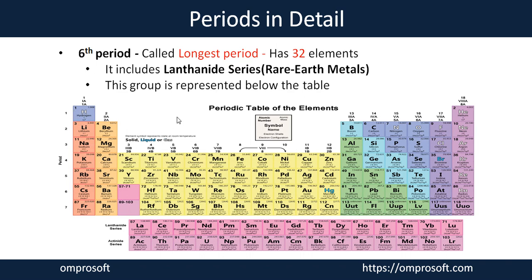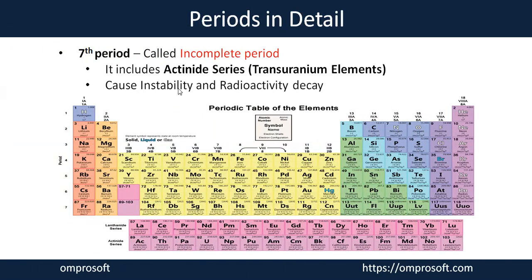Now we discuss period number 7. This period is called the incomplete period. Why? Because there is still a possibility that scientists can discover some more elements in nature. If any elements get discovered, they will be placed in period number 7.